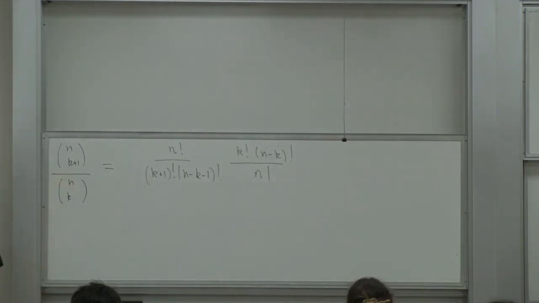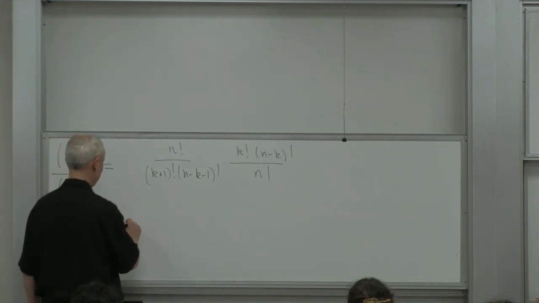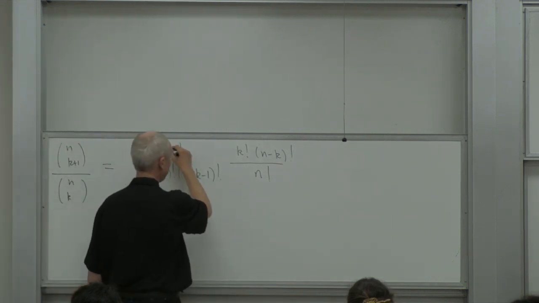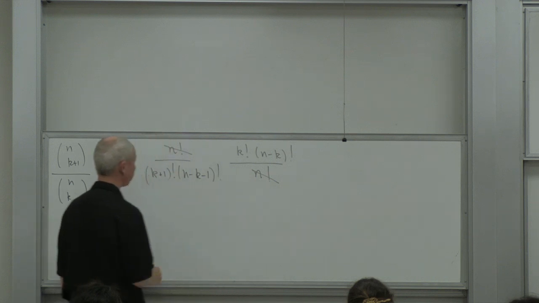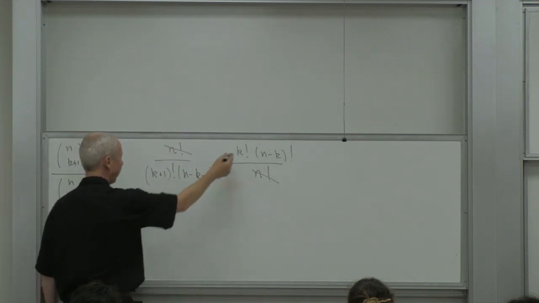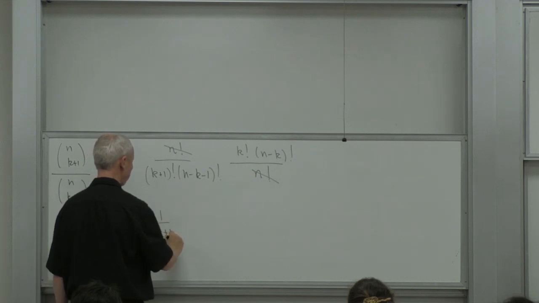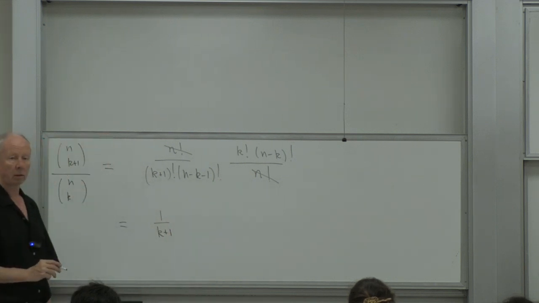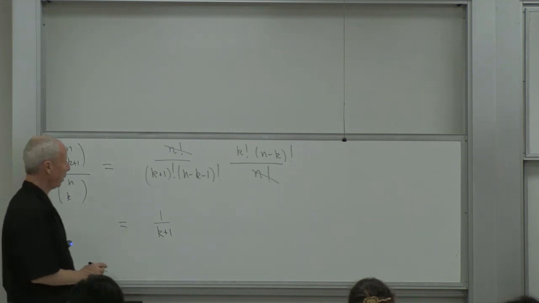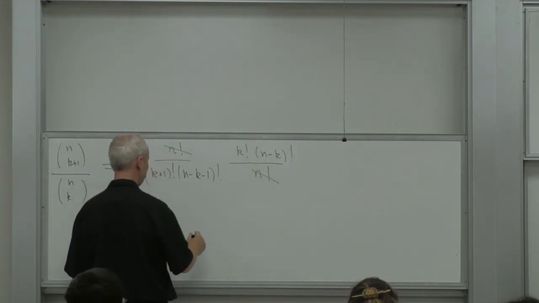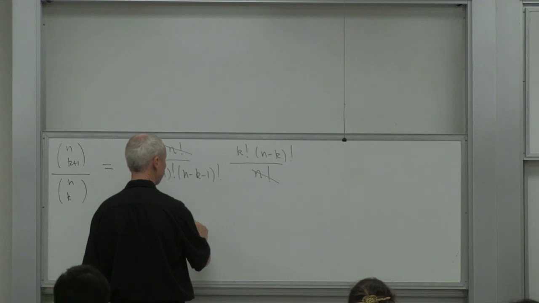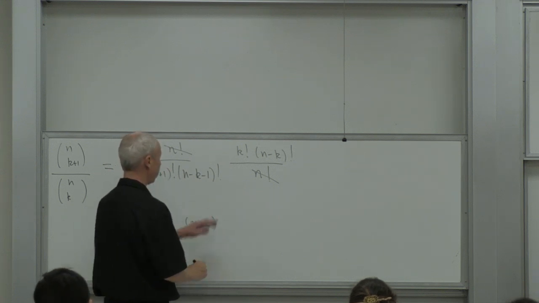Now I have it right. Well, this cancels with this. k factorial over k plus 1 factorial is 1 over k plus 1. And then what about this? Here I'd get an n minus k from this ratio.